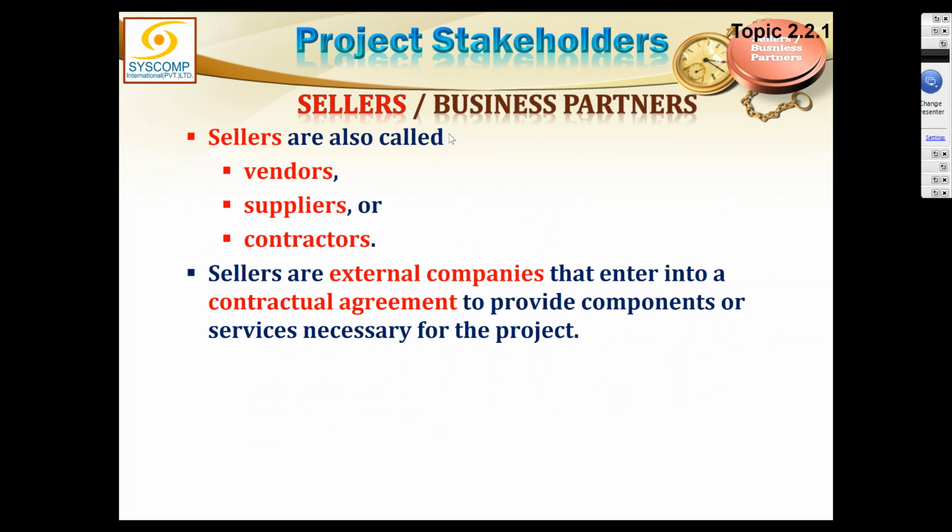Then we have got sellers and business partners. Who are the sellers? When we are doing the project and we want some of the work of the project to be done by someone else because of certain reasons, that we can't do it due to capacity or due to high risk, we may outsource a portion of our project to an outside concern, and that is called the seller, who sells his services to us.